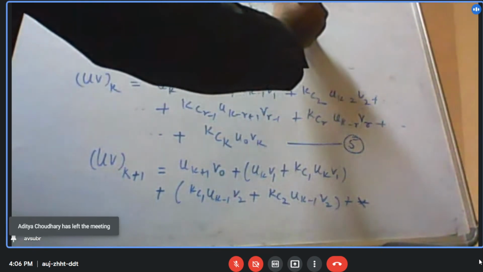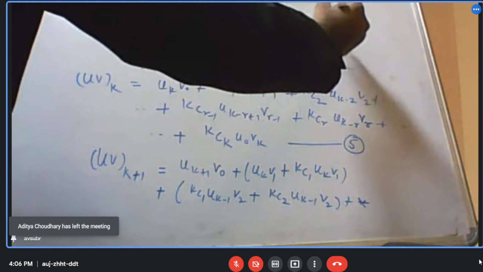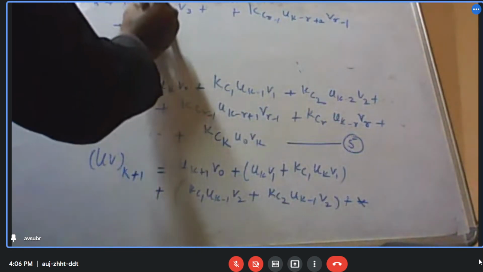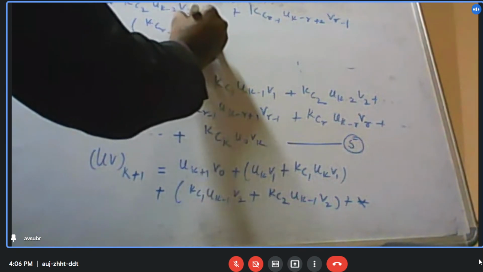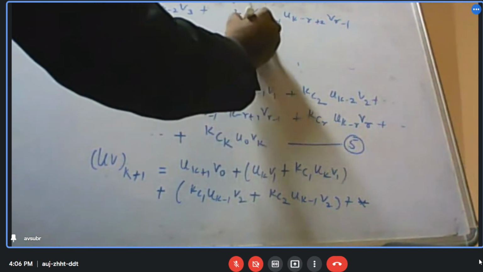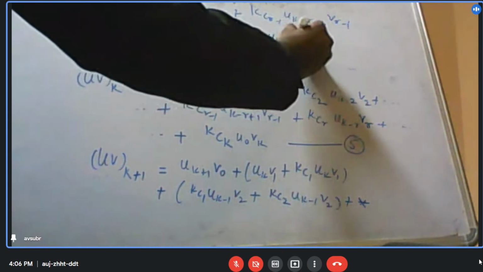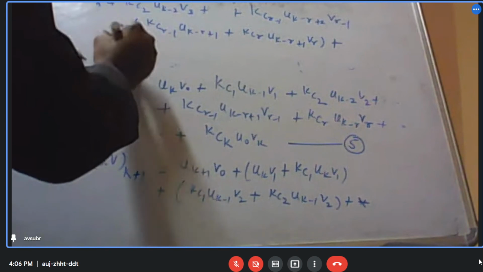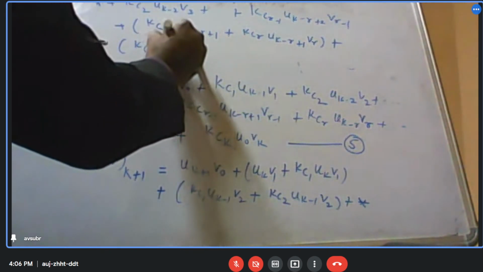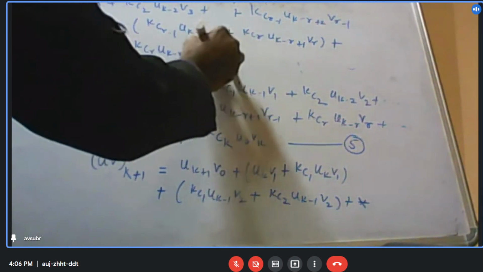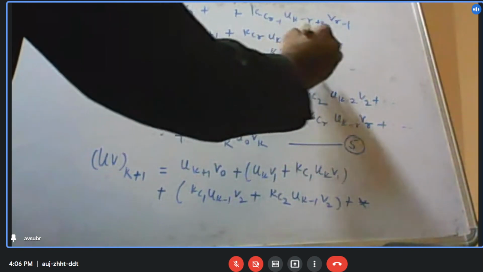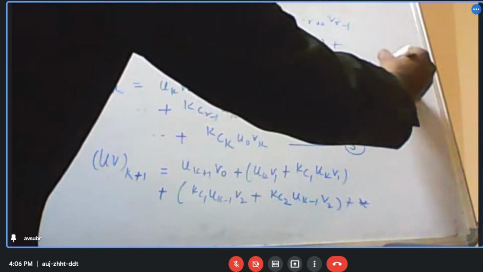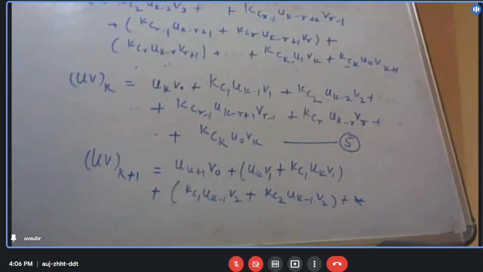So KCR minus 1 UK minus R plus 2 VR minus 1 plus KCR minus 1 UK minus R plus 1 VR plus KCR UK minus R plus 1 VR plus KCR UK minus R VR plus 1 plus KCK U1 VK plus KCK U0 VK plus 1. This is what the right hand side will be.